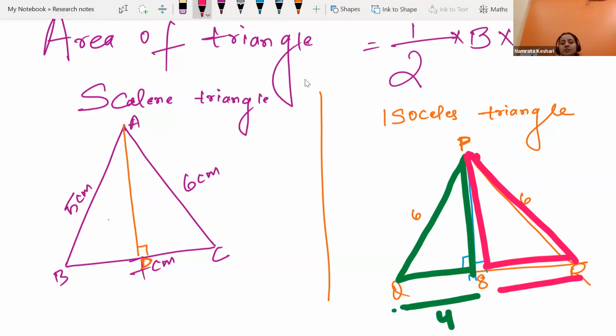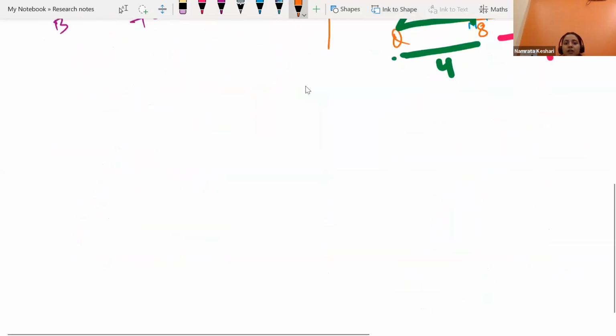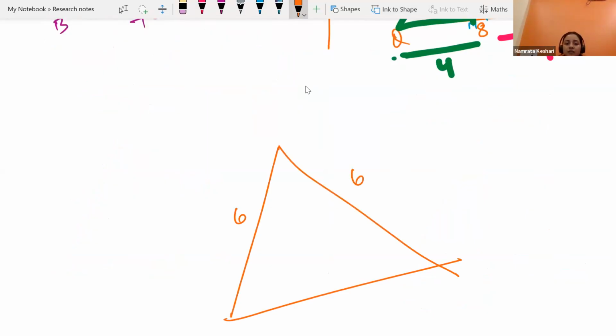Why are we doing all this? Because we want to find the height. Are you getting it? How did it become 4 and 4? Till here it is clear or not? We are having a triangle which is an isosceles triangle.